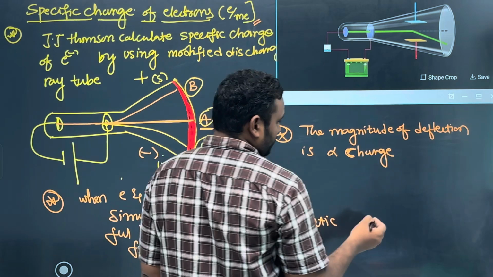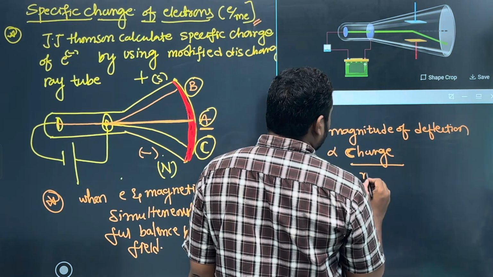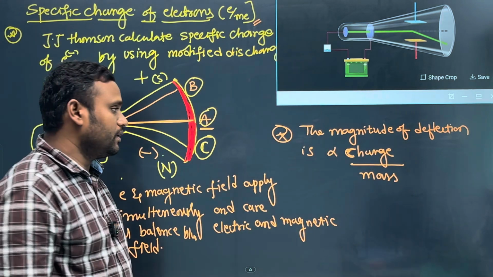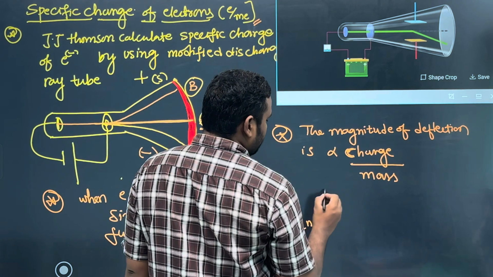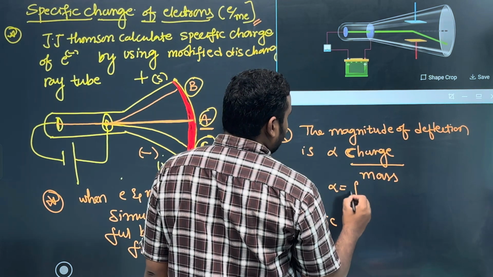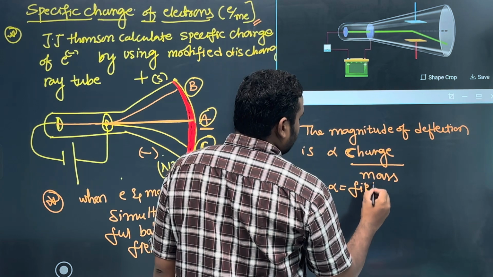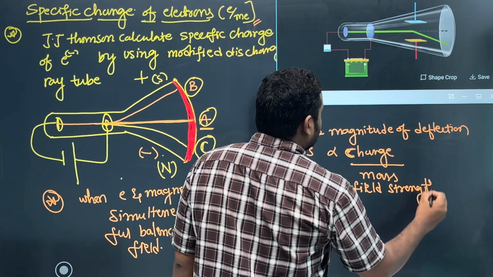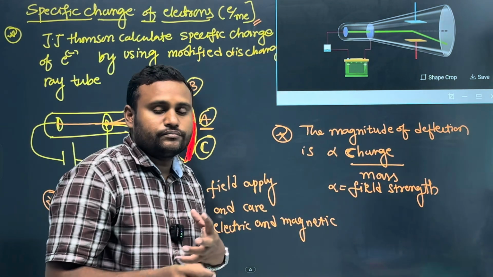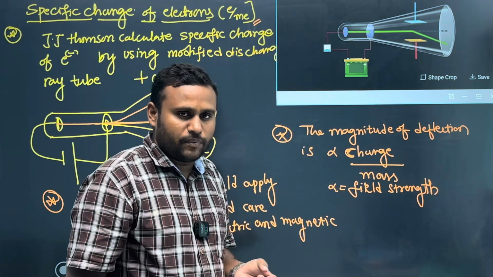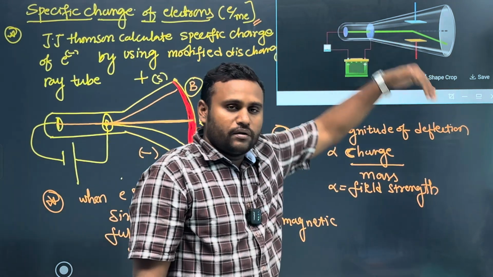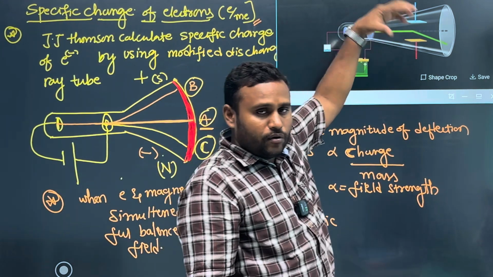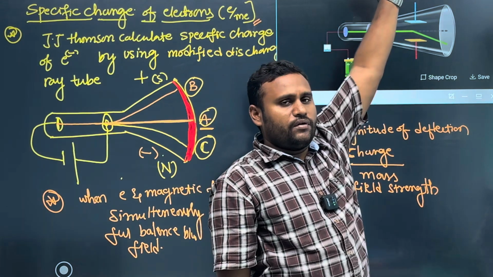It is inversely proportional to the mass. If mass increases, the magnitude of deflection is going to decrease. And it is directly proportional to field strength, which means if you apply more magnetic field, they are going to deflect more, and if you use more external electric field, they are going to deflect more.